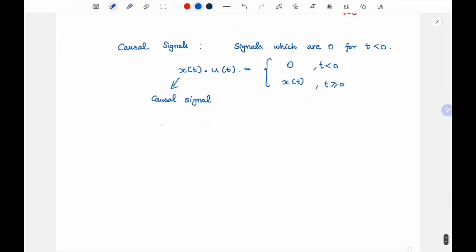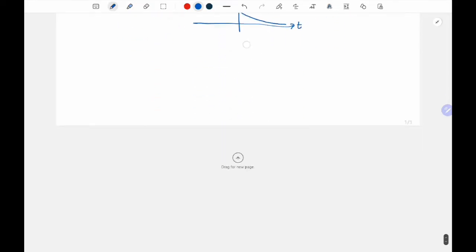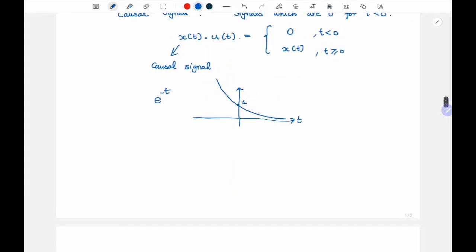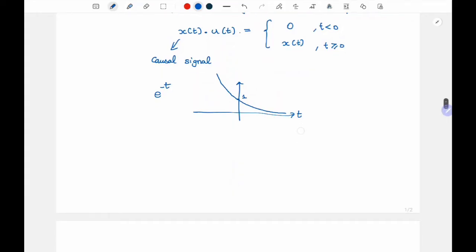One example: e power minus t. How does this look in the graph? At t equal to 0, it has the value 1. As t is greater than 0, it decreases and goes to 0. When t is negative, it increases exponentially, blowing up in the negative direction.